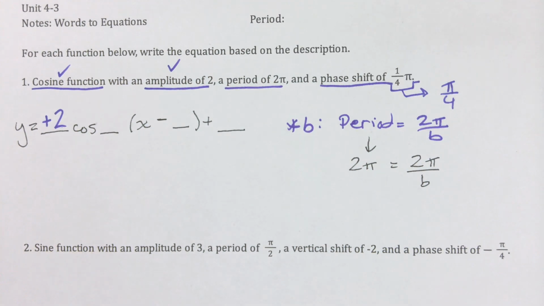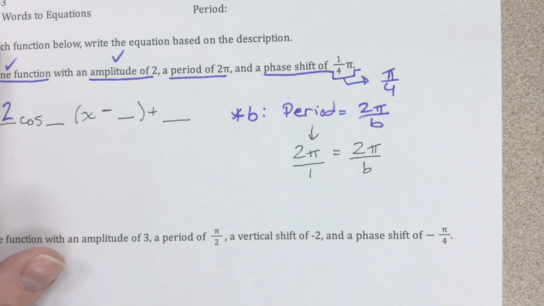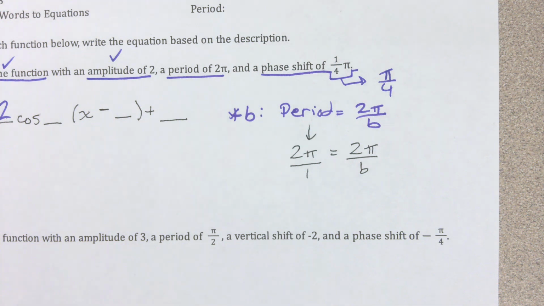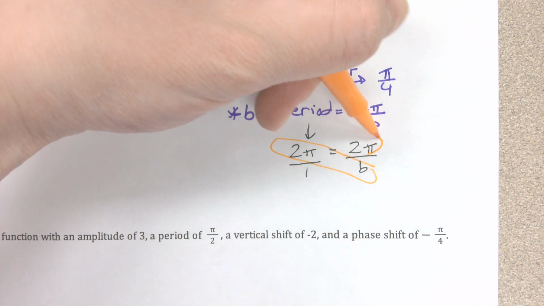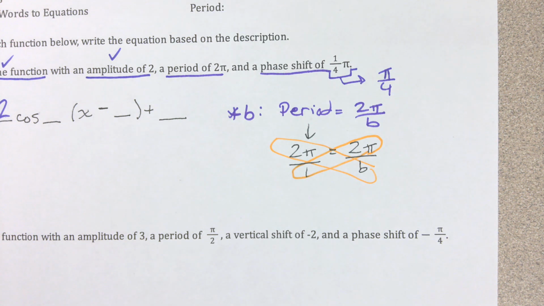Hopefully a good chunk of you are able to look at this and notice that for this equation to be true, b must be 1. So if you notice it right off the bat, you don't have to show the work. That's fine. But just for one more good time, I'll show the work for this. Cross multiplying.